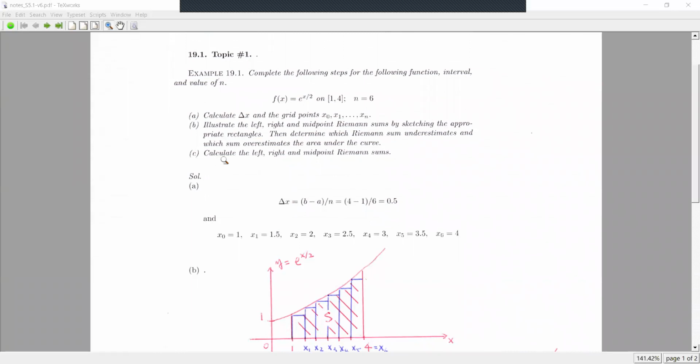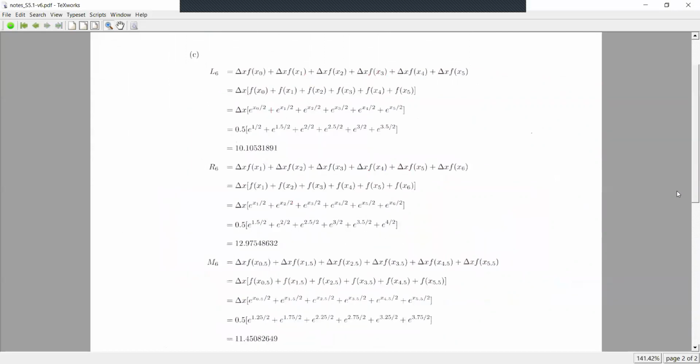Now, part C. Calculate the left, right, and midpoint Riemann sums. Let me compute the left Riemann sum first. It is the sum of the areas of 6 rectangles. The first rectangle is on the first subinterval, whose left endpoint is x0.